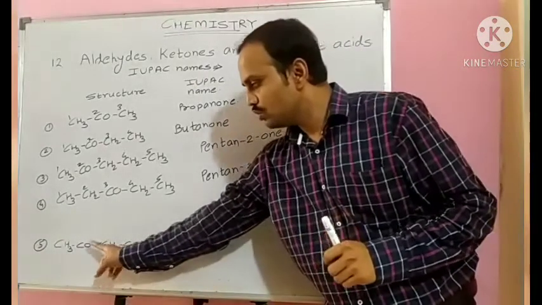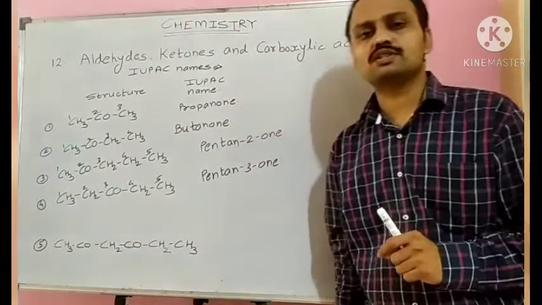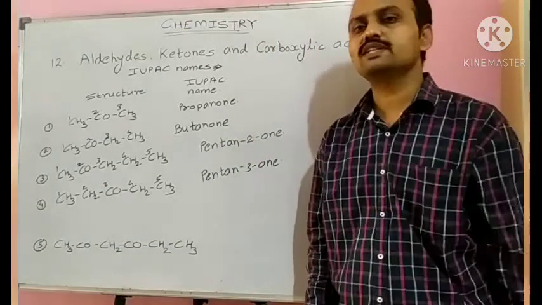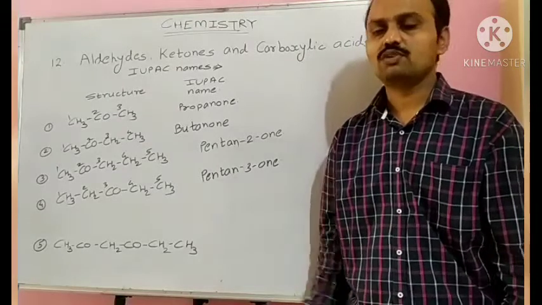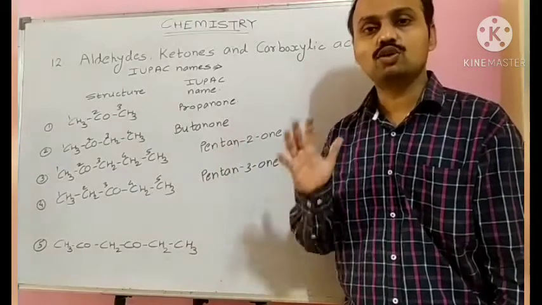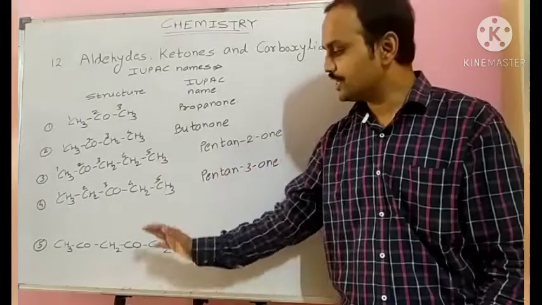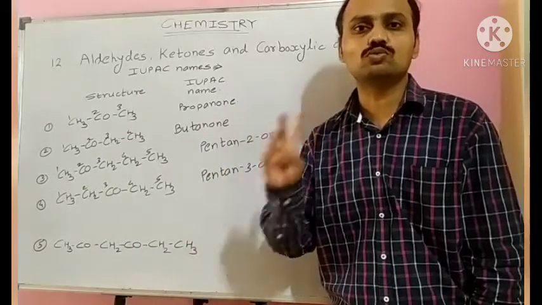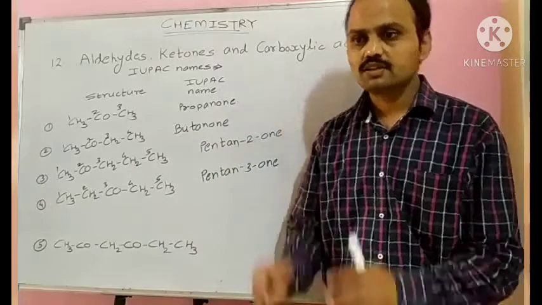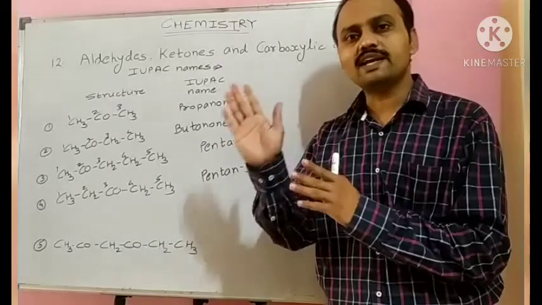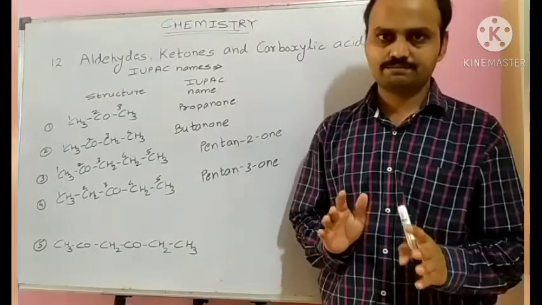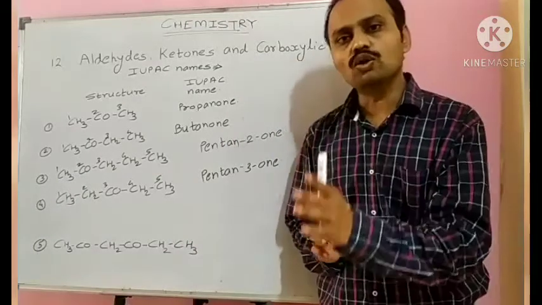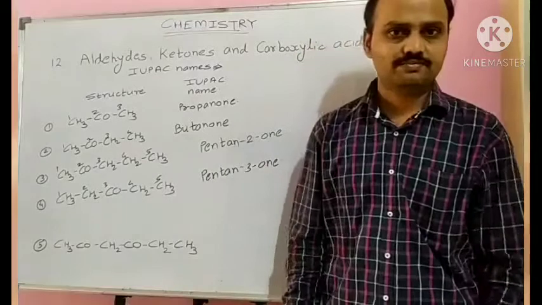In fifth structure, please see this structure carefully, students. We have 2 CO groups in this structure, that is 2 ketonic functional groups present, and we have already revised the rule for ketonic structure containing 2 C double bond O groups, that last E of parent alkane is retained and the suffix di-one is added at the end.